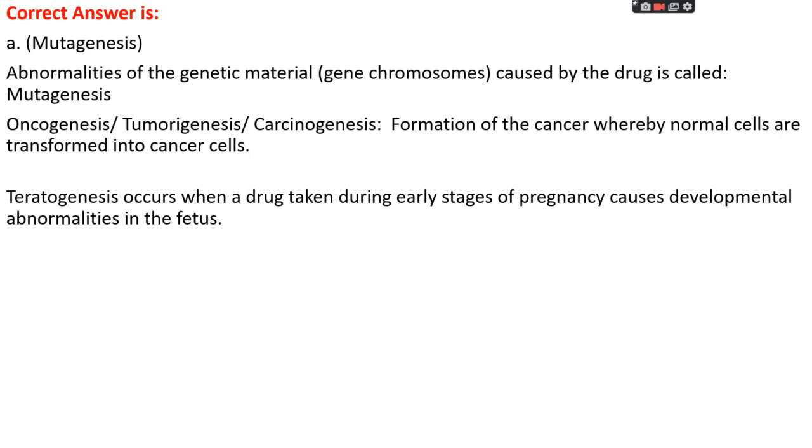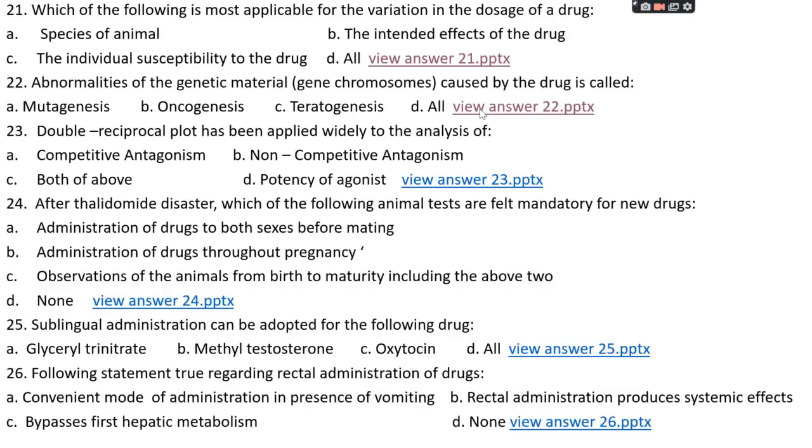Abnormalities of the genetic material, like genes and chromosomes, caused by drugs, is called mutagenesis, while oncogenesis, tumorigenesis, or carcinogenesis are the terms referring to the formation of cancers, whereby normal cells are transformed into cancer cells. While teratogenesis occurs when drugs are taken during pregnancy, in the early stage of pregnancy, which causes developmental abnormalities in the fetus.